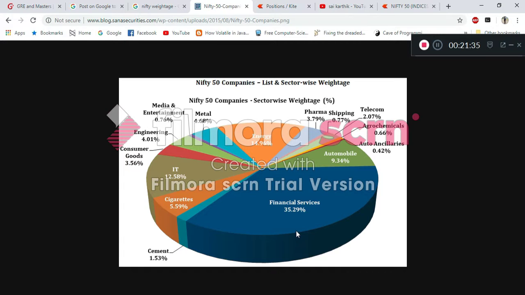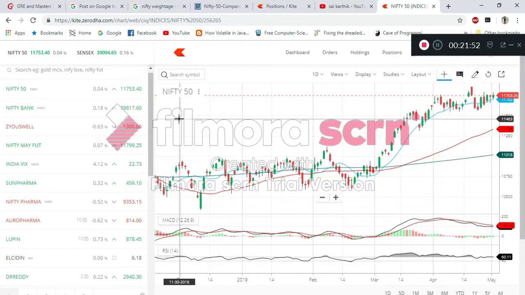So these are the things for today. We'll stop it here. We have learned about what Nifty is and how demand and supply work. Apart from that, we have also discussed how the Nifty constituents' weightage matters.